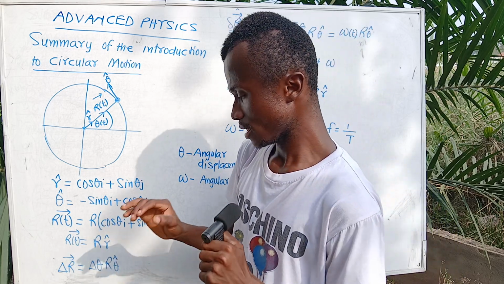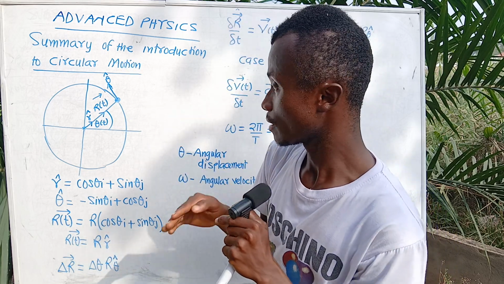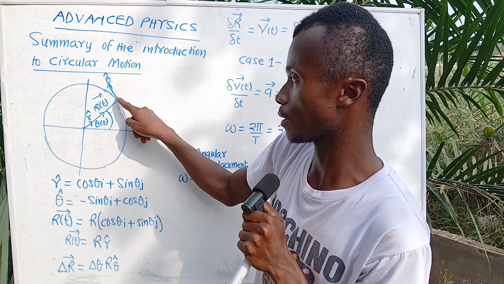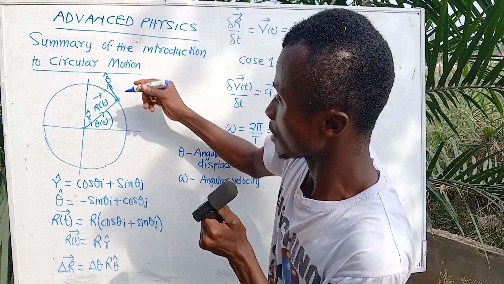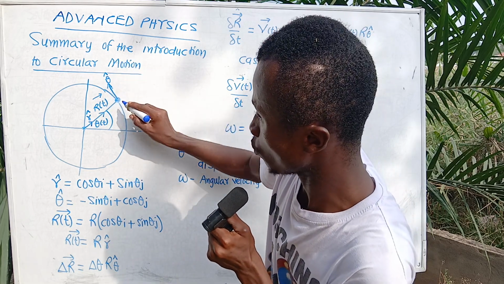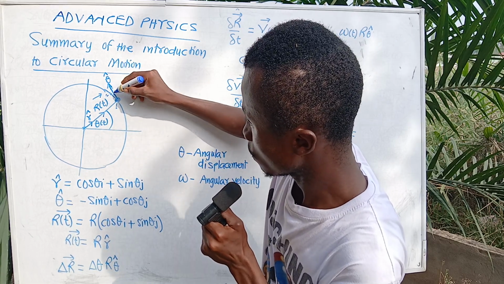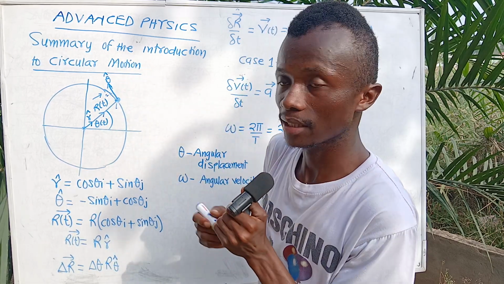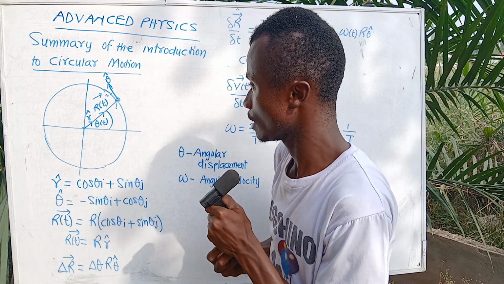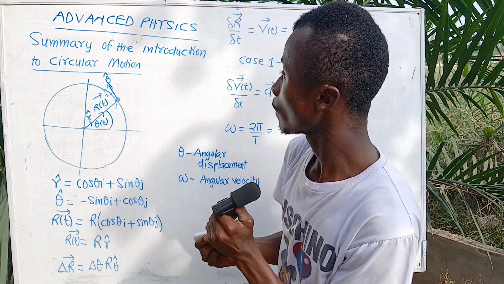And now there is a linear displacement that occurs along the circumference of the circle. That is, at another point in time, the object will move from this position 1 to another position 2. So there is a linear displacement along the circumference. That is delta r.